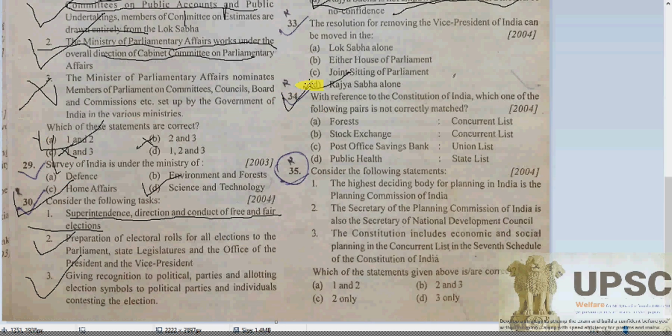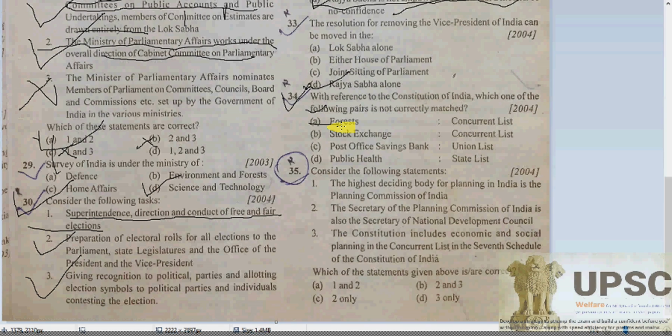Question 34: with reference to the Constitution of India, which one of the following is not a correct match? Not a correct match. See, can forest be in the concurrent list? Do you think so?